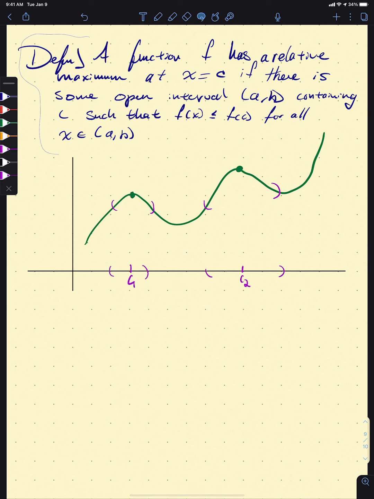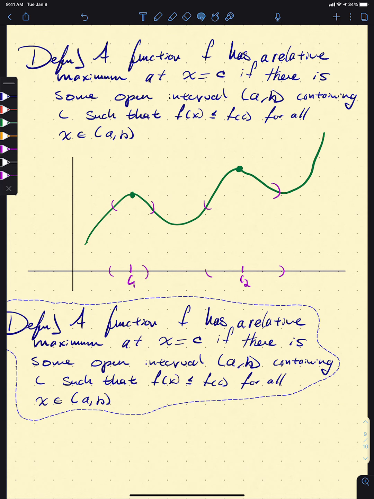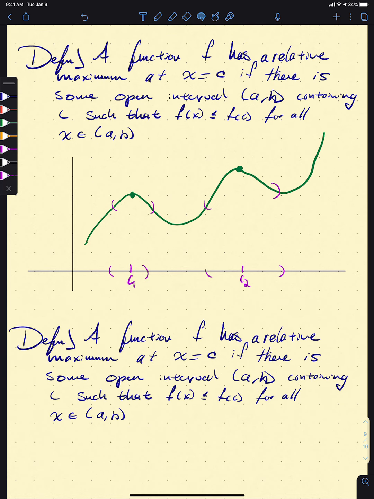And for our idea of a local minimum, we can take this, copy it, and just change a few words.